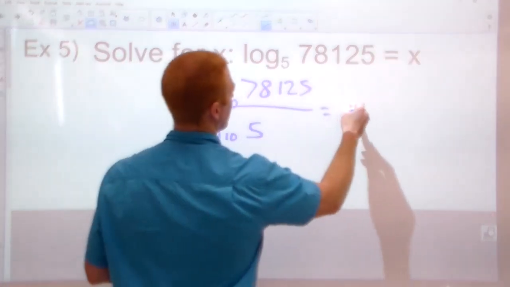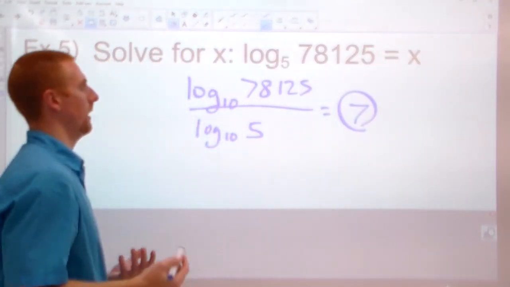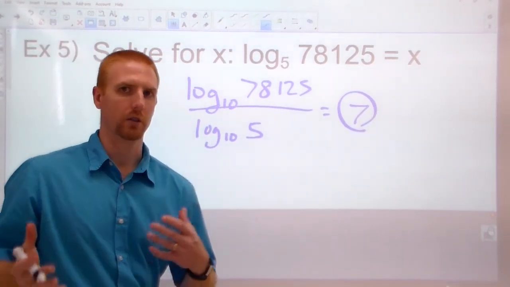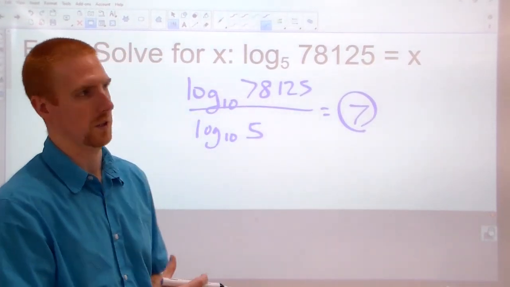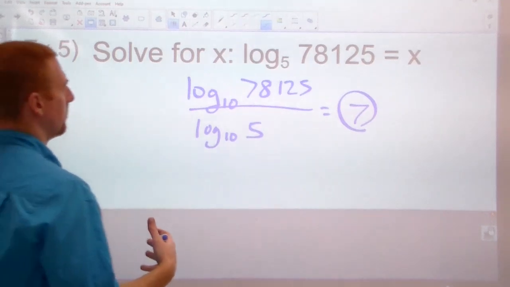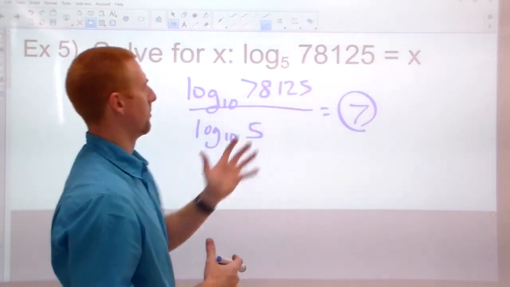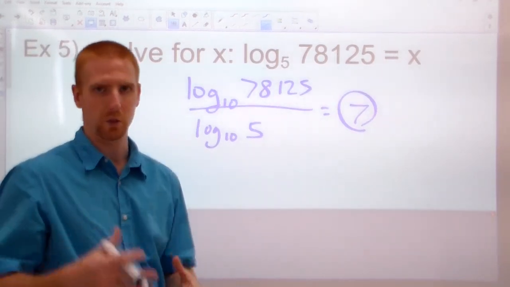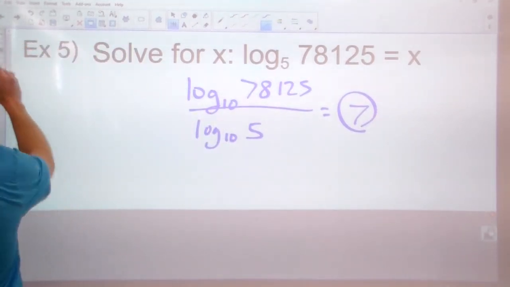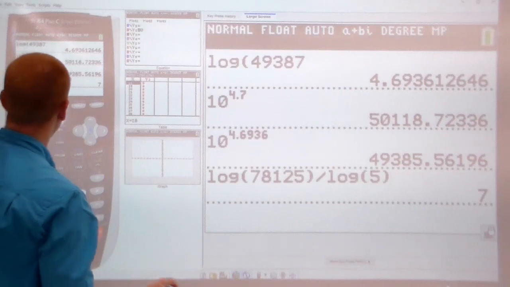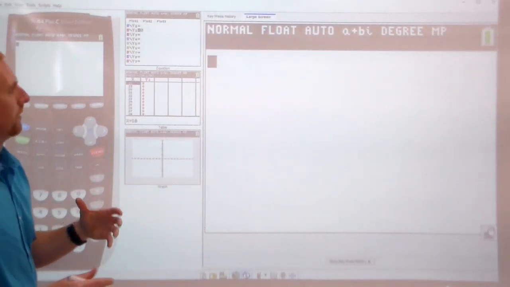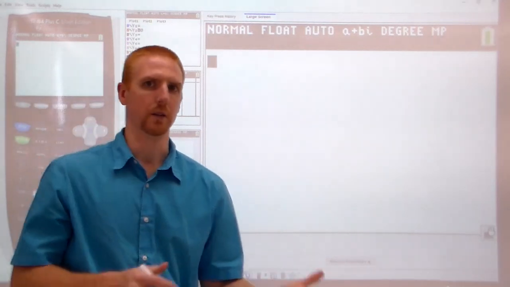I'm going to go ahead and show you an additional shortcut. If you're allowed to use your calculator, and in some parts of these assessments I will let you do this because it's really your ability to do this particular problem, I don't care if you use the calculator. There are some more specific skills I'm going to ask you to do without. So I'll show you how to do this really quick. If you've got an 84 or more advanced calculator, this will work, or we can at least update it to make it work.